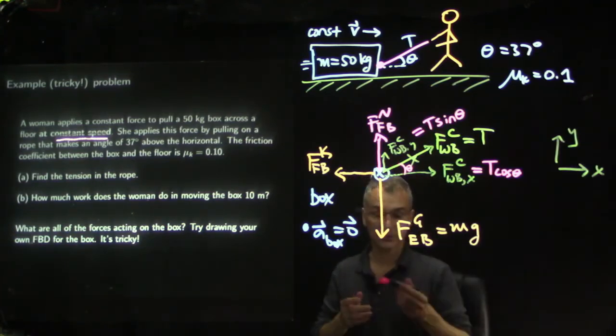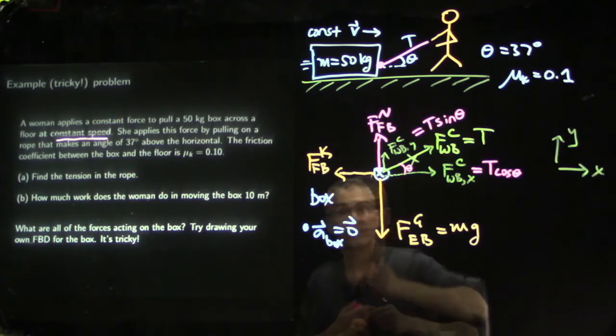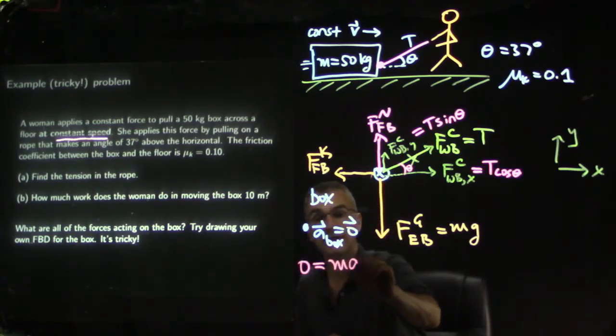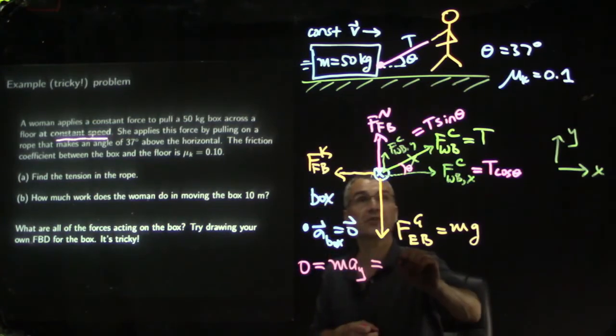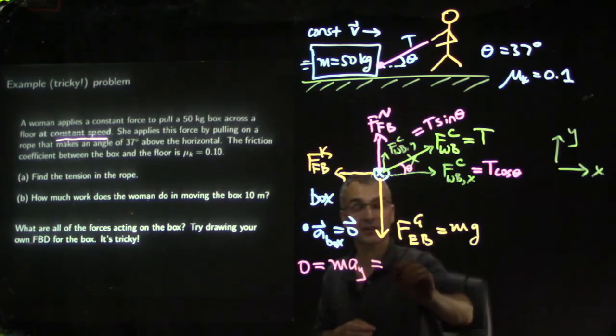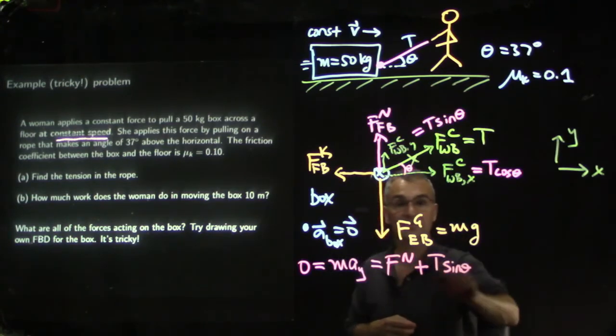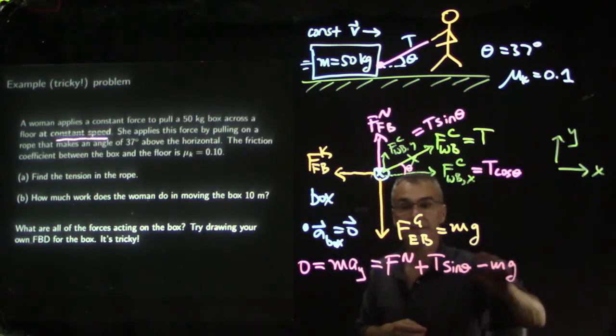And we know the acceleration is 0, so we know that 0 equals m a sub y. The normal force is upwards. We'll do up minus down. So this is the normal force plus T sine theta, those are both up, and then minus down, which is mg. That's one equation.